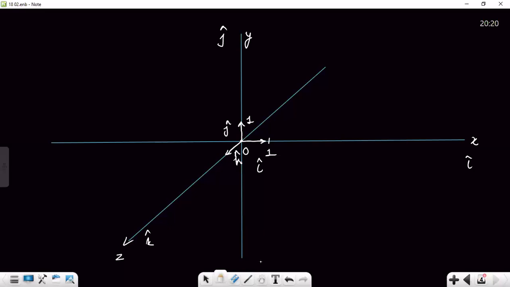If I have to move 2 units in x direction, I'm going i cap and I have to move 2 units.